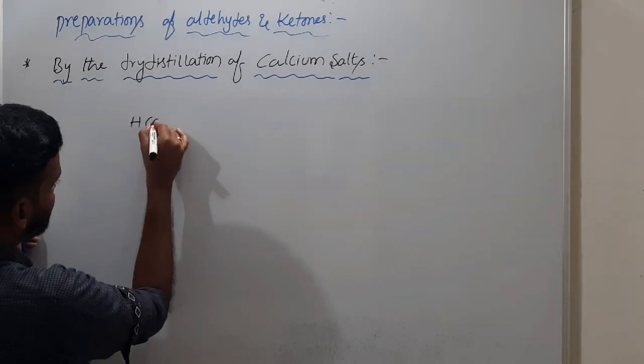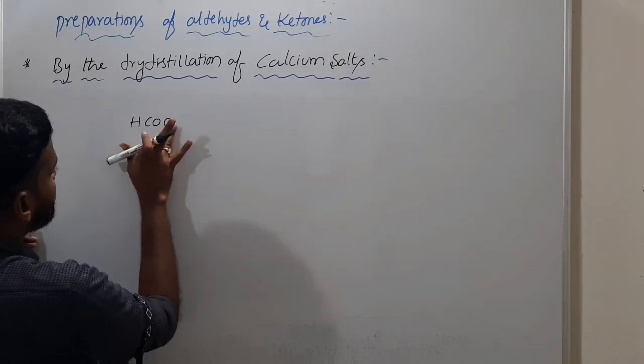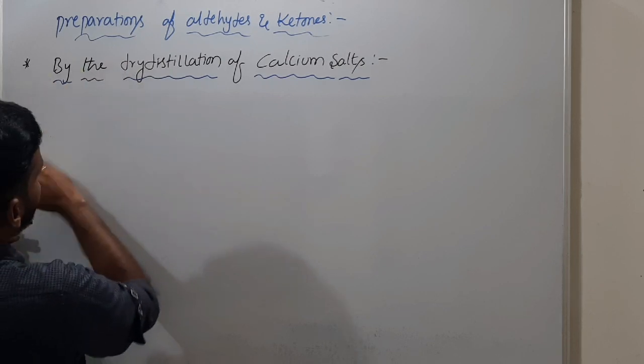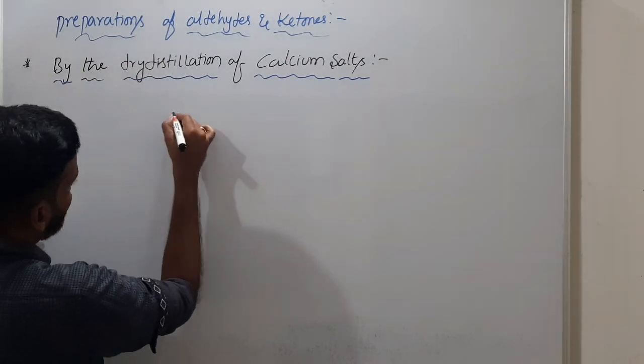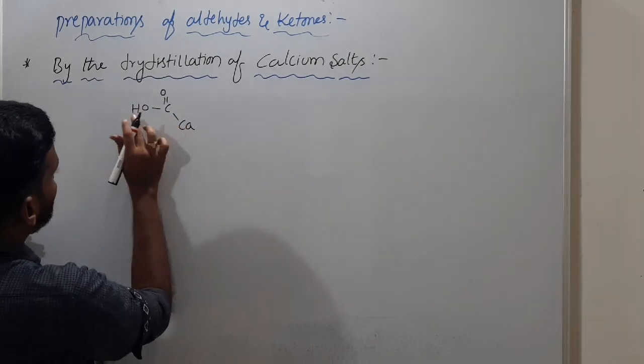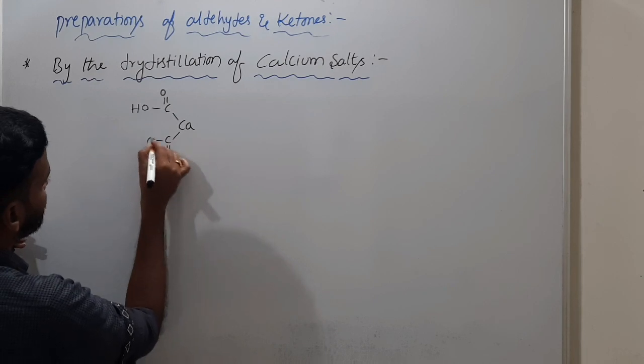Suppose I am taking calcium salts, HCOO twice Ca. So I am taking this Ca and C double bond OH, HCOO twice.